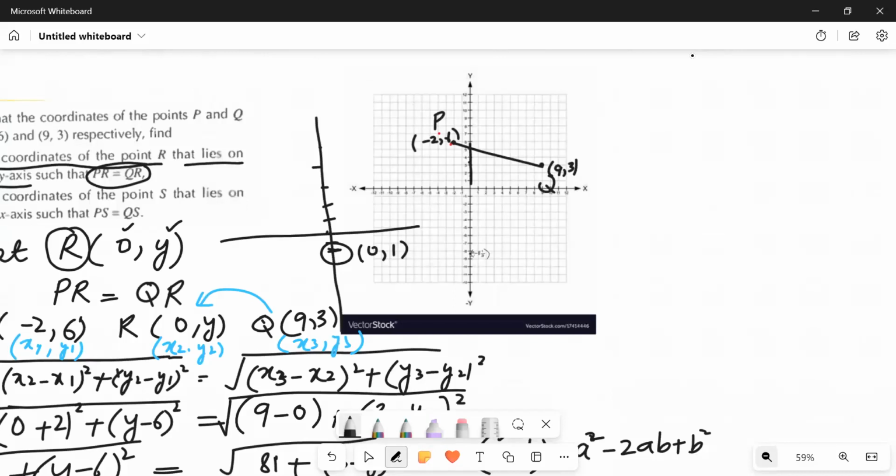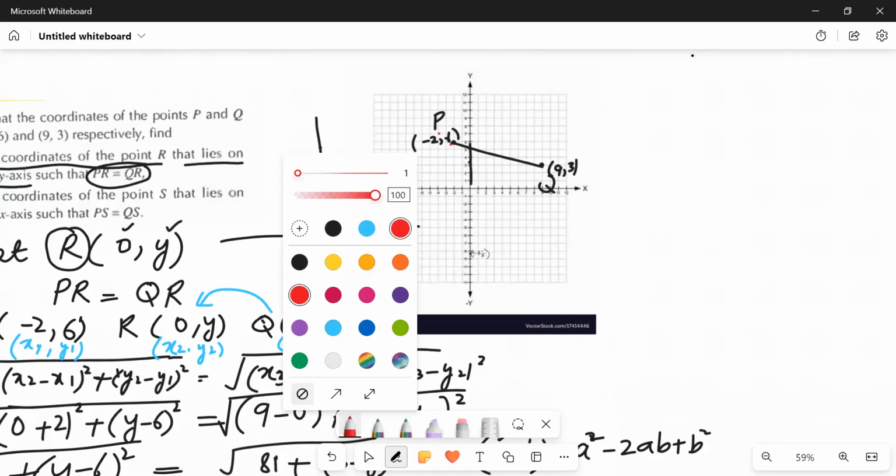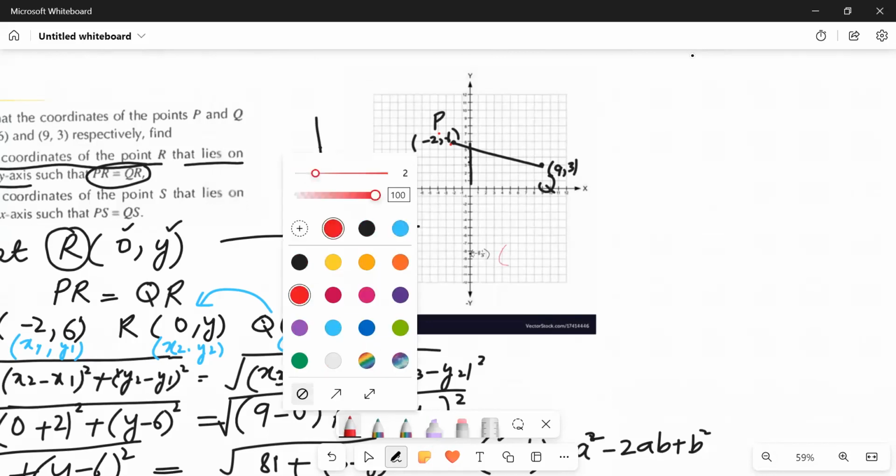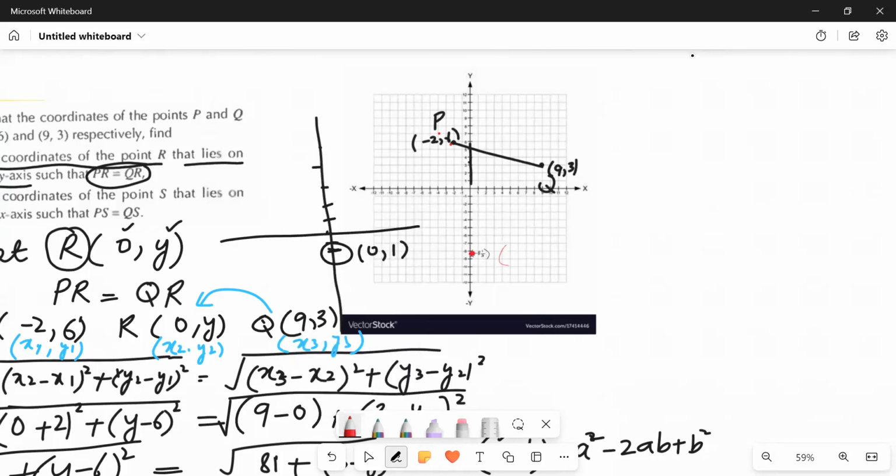So this is the point that is equidistant from 0 and minus 8 1/3. Equidistant means it is at the same distance from this point. So this point R is at the same distance from P and Q. We have to find this point.